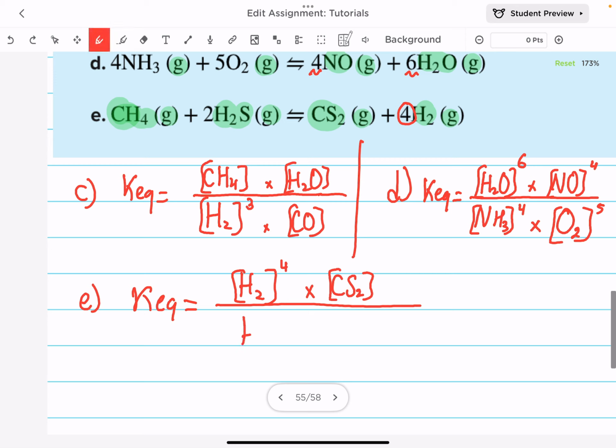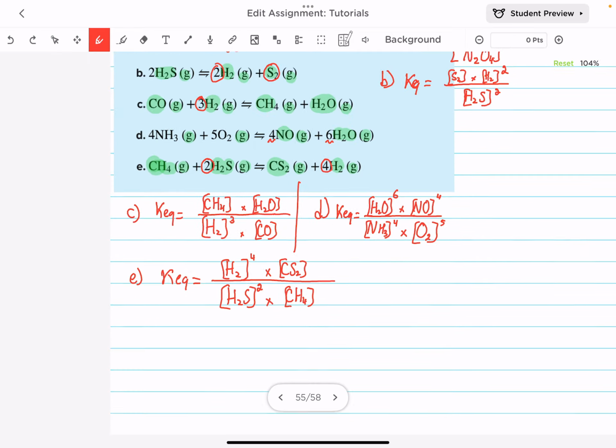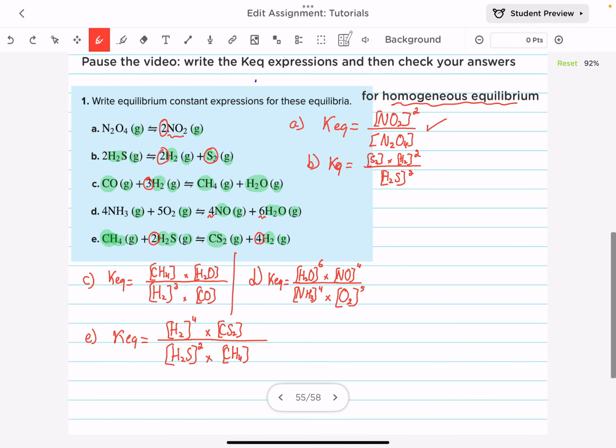Here I have two reactants, H2S raised to the power of 2 multiplied by the concentration of CH4. That's it. So this is an example of writing the equilibrium constant expressions for homogeneous equilibrium. Now, what if I have a heterogeneous equilibrium?